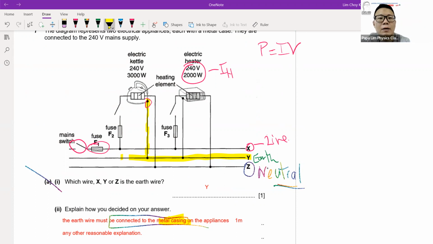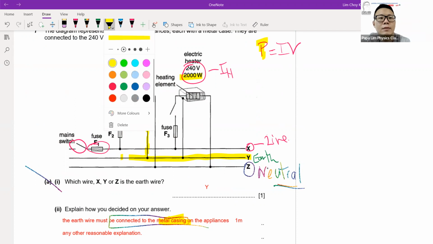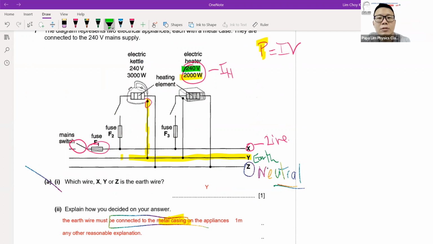I'm given the power, which is here, 2000 watt. I'm given the potential difference, which is here. So I will be able to calculate the current. And similarly, for the kettle, I will be able to calculate the current in the kettle also, because power equals IV.